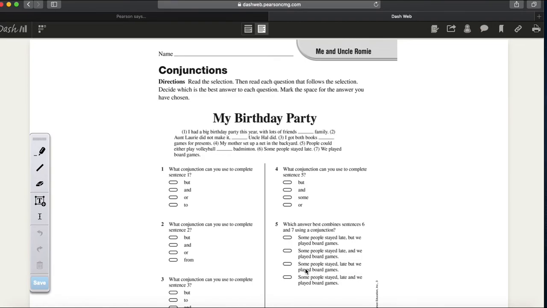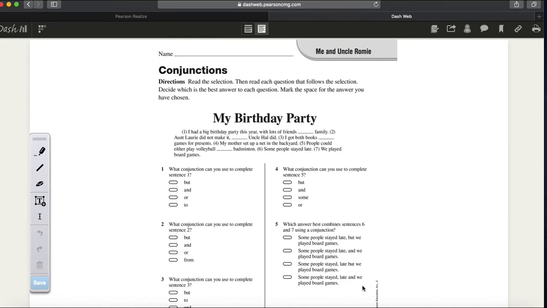Or some people stayed late but we played board games. The comma here is before late, or it should be up before the conjunction. When we combine sentences, it's important to use the comma before the conjunction. So it's not number 3 and it's not number 4 because we don't use the comma.